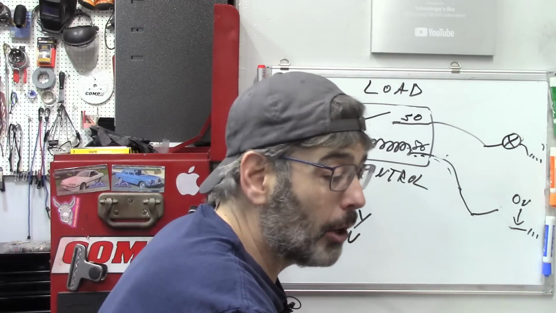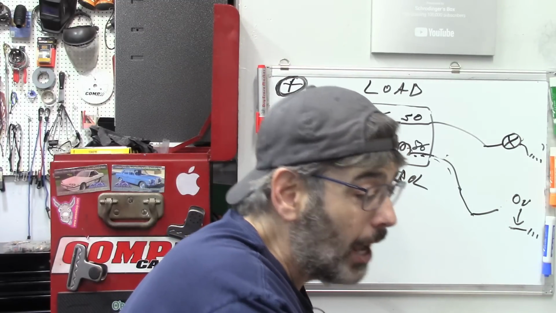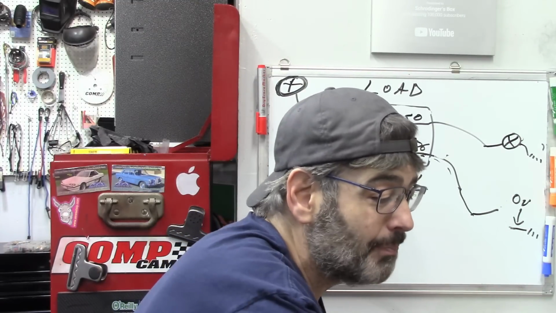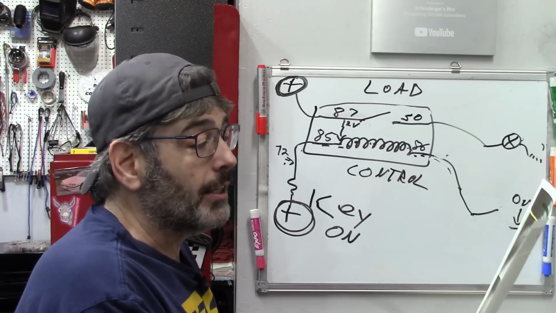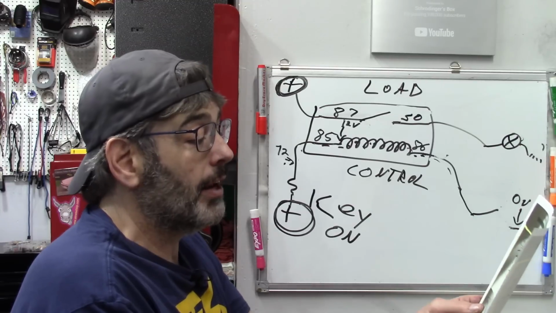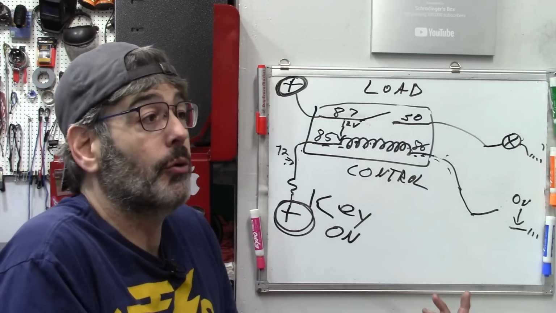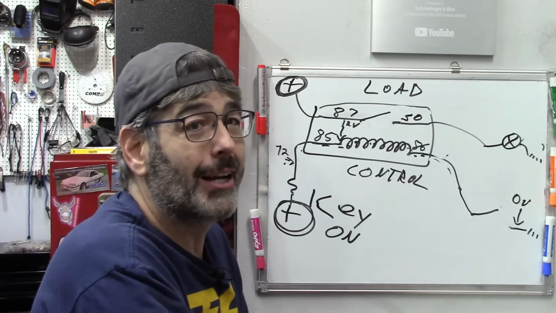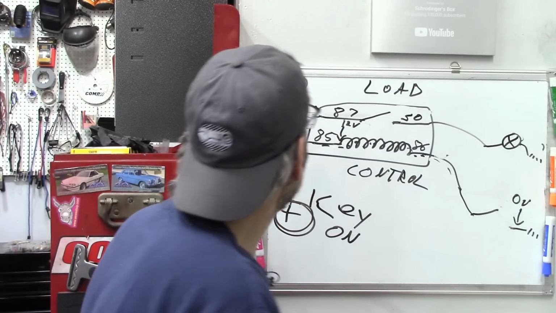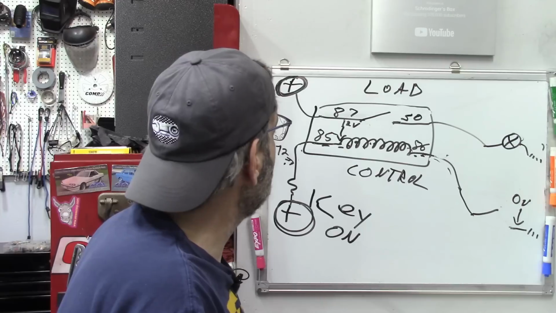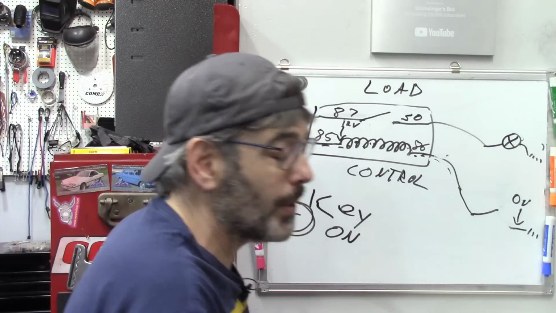So let's do it both ways. It seems to me we've got to do this both ways because we want to use a test light as well. And if you're going to do it with a test light, you have to do it with the car. You're not going to use a test light on just a relay out of the car, right? There's no power there. So let's try to answer this thing so we make sure we pass.